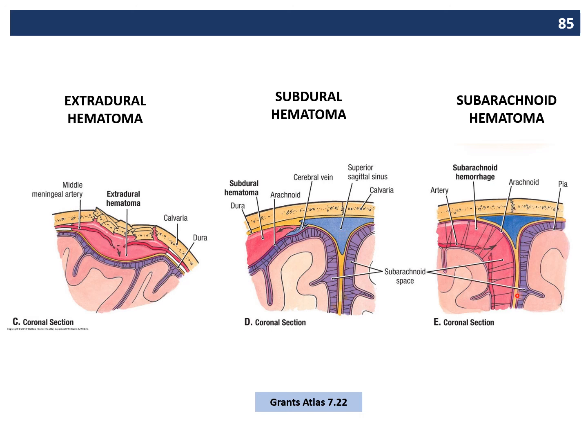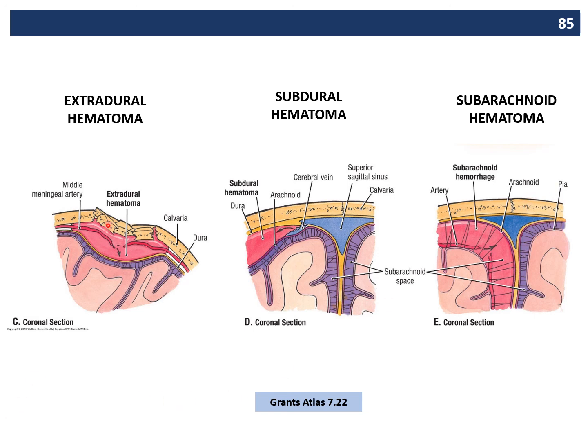The subarachnoid hematoma is often the result of a cerebral artery rupturing and filling up the subarachnoid space with blood. We think of that as an aneurysm, and it can also be potentially life-threatening.